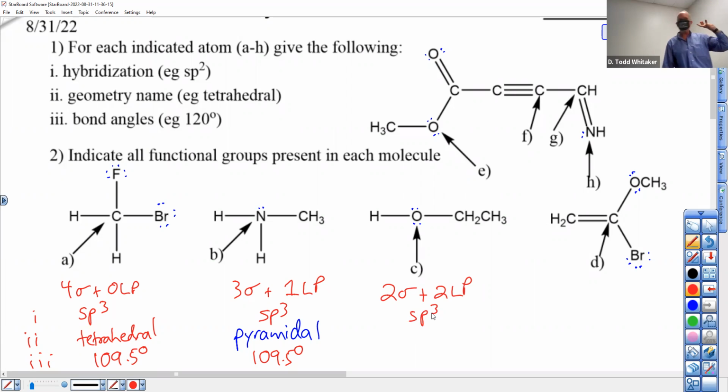Geometry is not tetrahedral, not pyramidal. But you started with a tetrahedron. The atoms still think that it's a tetrahedron, but the lone pairs are in two of the corners. So all you describe is the atoms, not the lone pairs. They push the atoms down, it's bent. It's bent. If it's sp3, the angle's always the same.